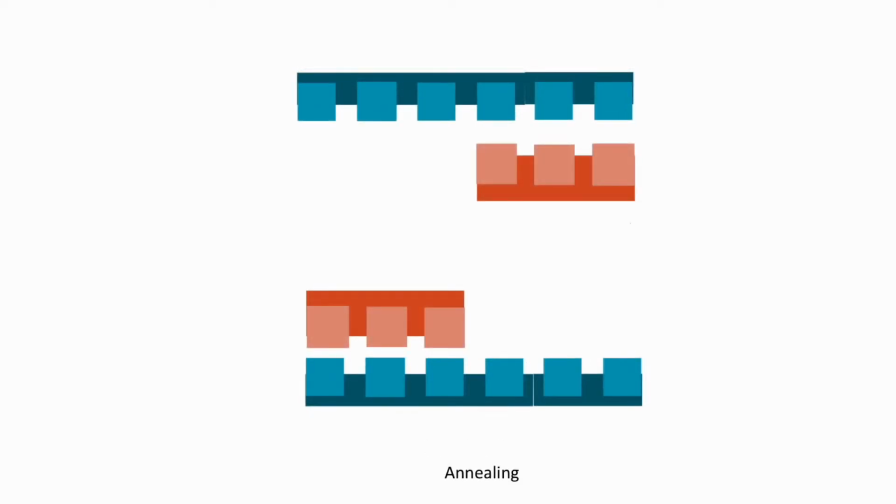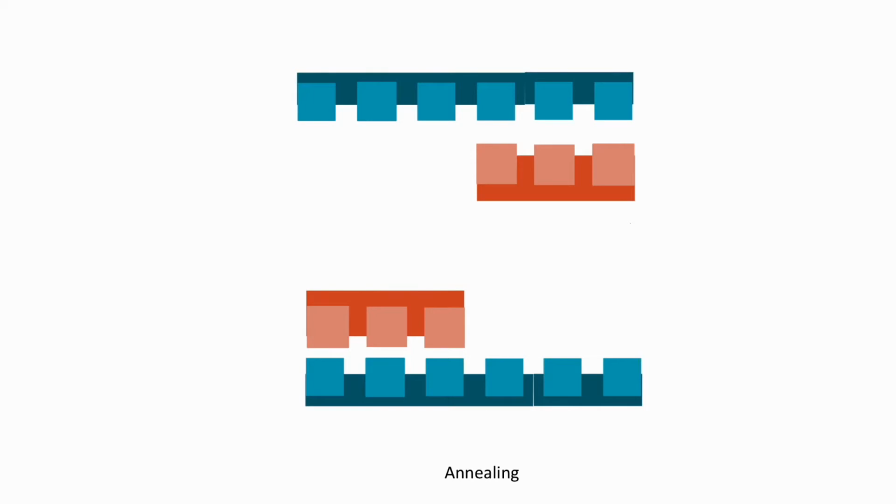The second step is called annealing. That's when DNA primers are added to very specific sequences of the viral DNA. These sequences have to be unique to that bacteria or virus that we are intending to study. And these genes are found by scientists.